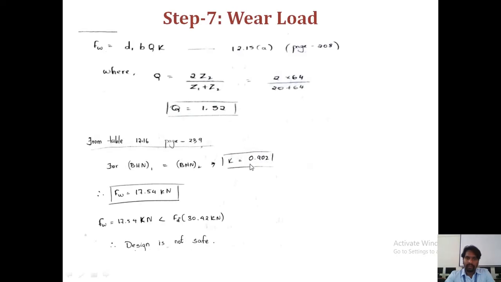This is the table where we need to choose the value of BHN based on this. In the earlier case, the design was not safe where we took K equal to 0.902. To make the design safe, we need to increase the value using K greater than or equal to 1.563.